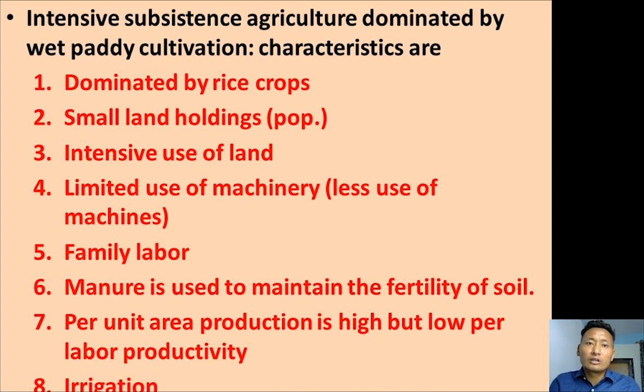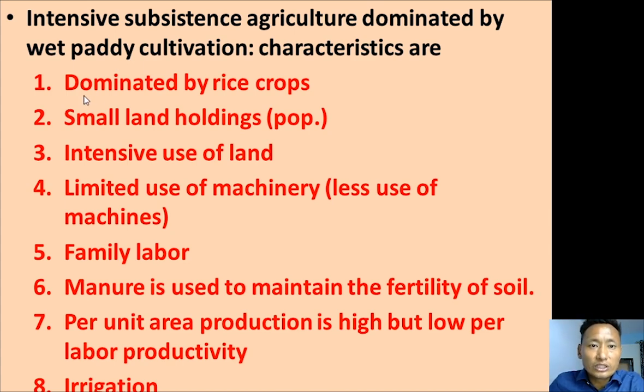For example, if a farmer is cultivating three crops on the same field, two crops are rice and another is a different crop. Sometimes a farmer may cultivate three rice crops in a year also. Because of that, it is dominated by rice cultivation or wet cultivation.